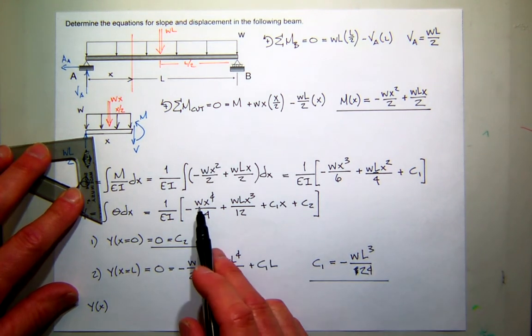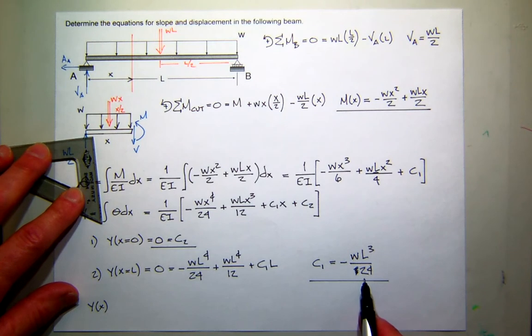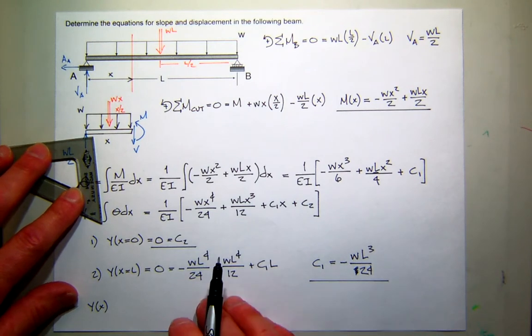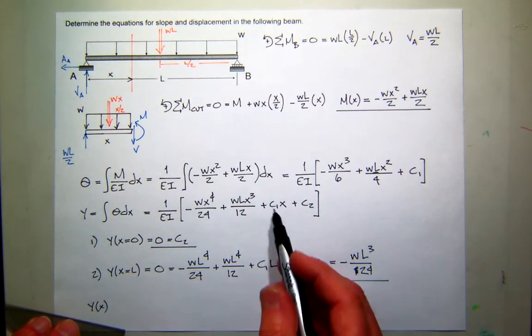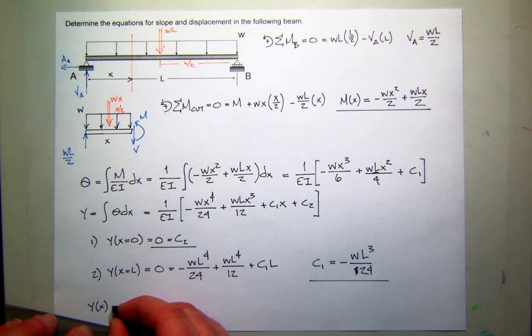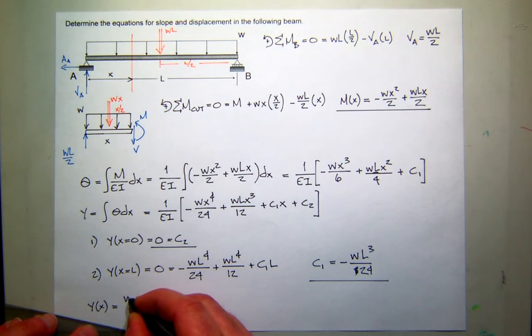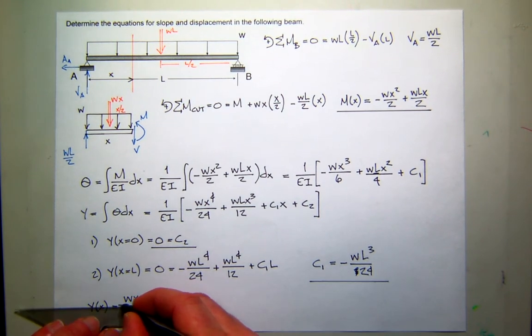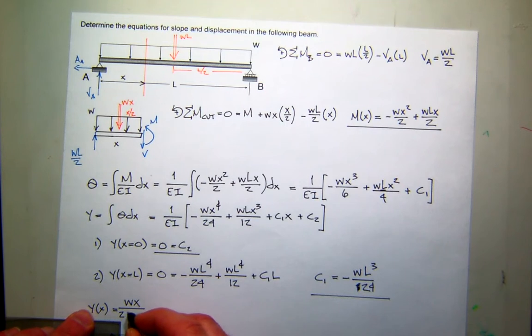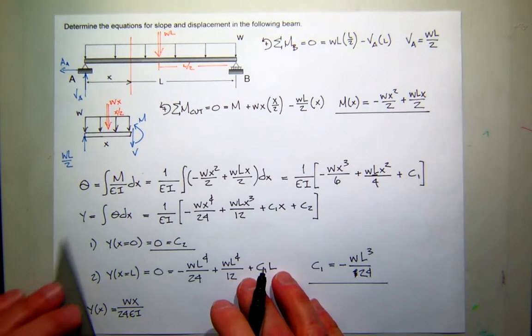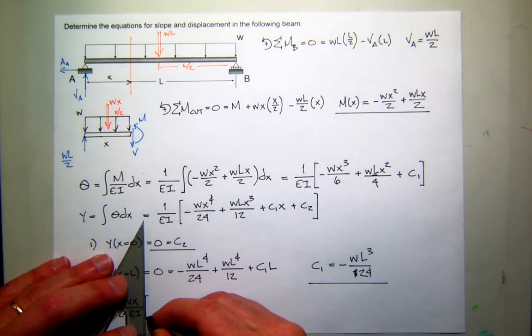It looks like I've got a W and a 24, which is pretty common, and actually an X. So I could write it like this: W X over 24 EI.